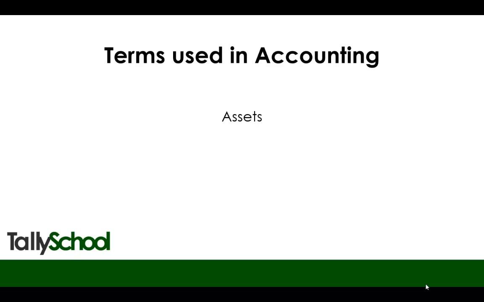That's an asset. Remember this simple rule: an asset is something that gives you an economic benefit. Economic is the word. Economic means you can benefit in terms of money. So let me give you some examples of assets.